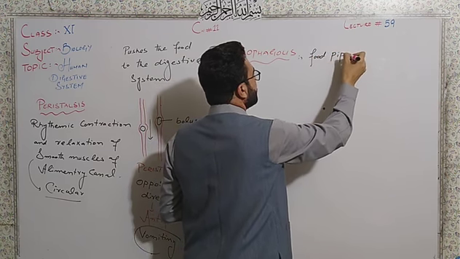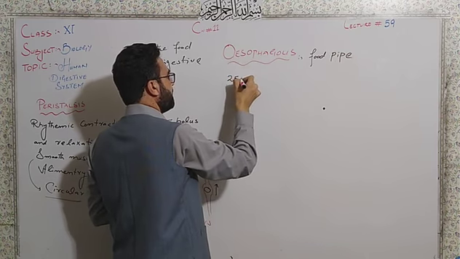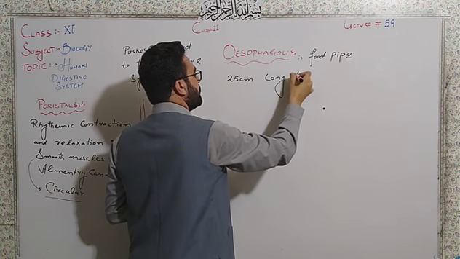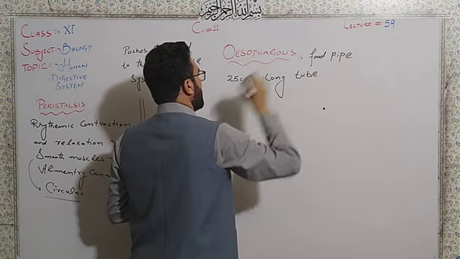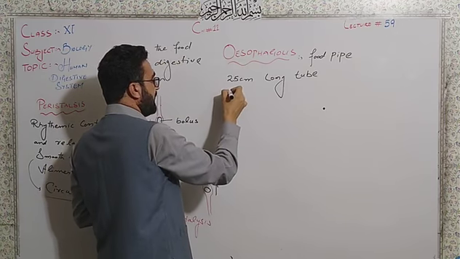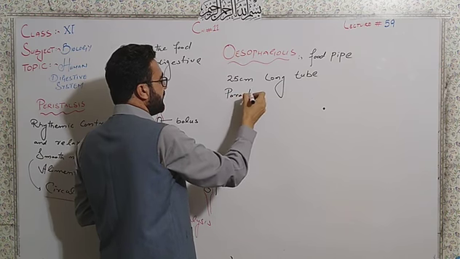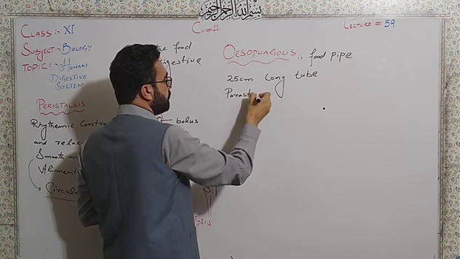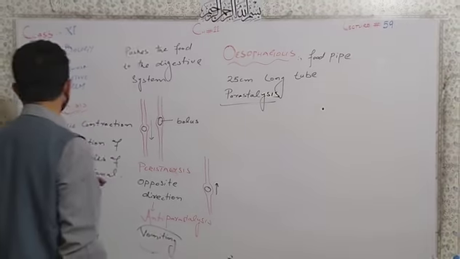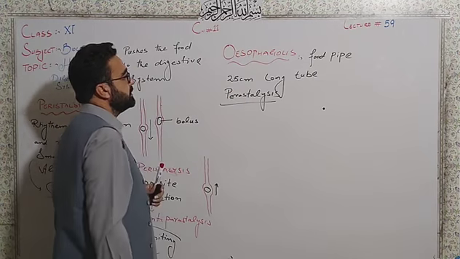This is a 25 centimeter long tube, and the main peristalsis occurs at the esophagus, where it pushes the food into the stomach.